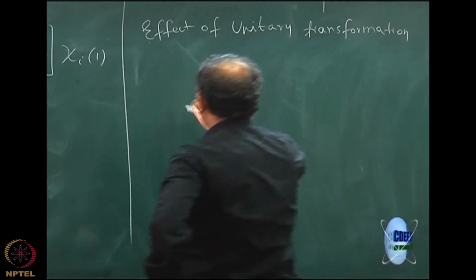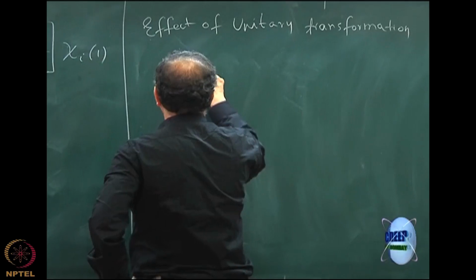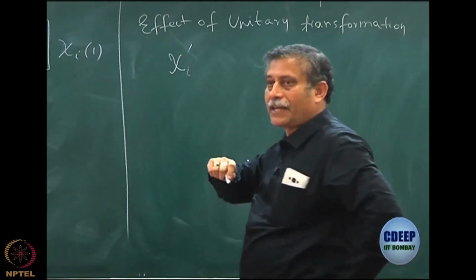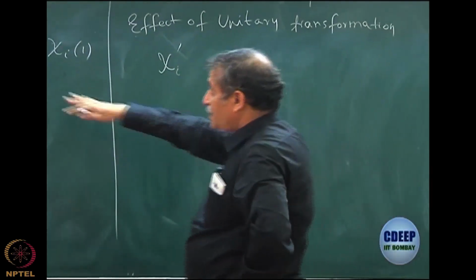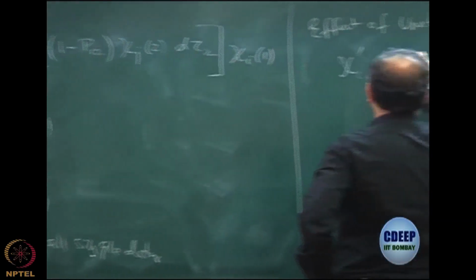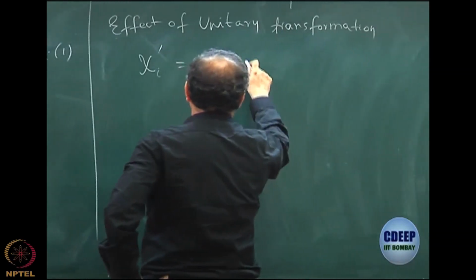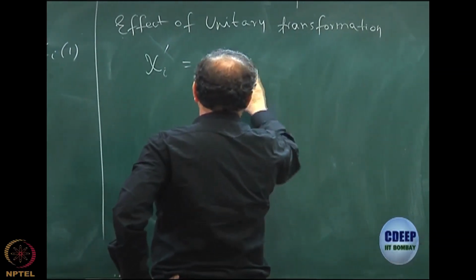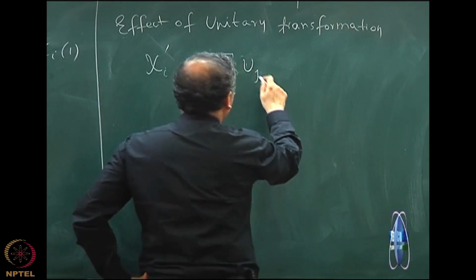So, let us say that I get a new set of spin orbitals which I call chi prime, after I reach the Hartree-Fock equation. Okay, I transform them through some u_j_i chi_j.